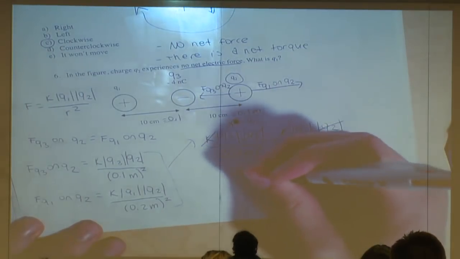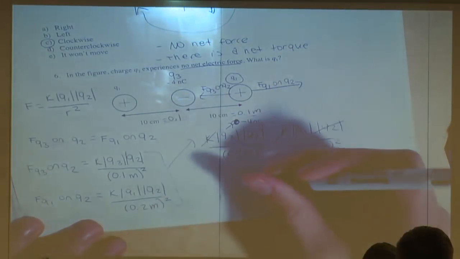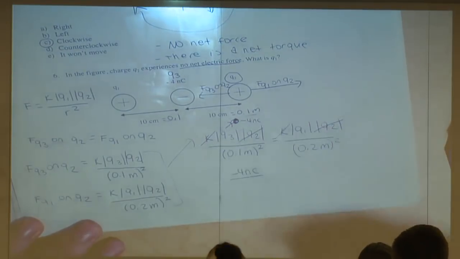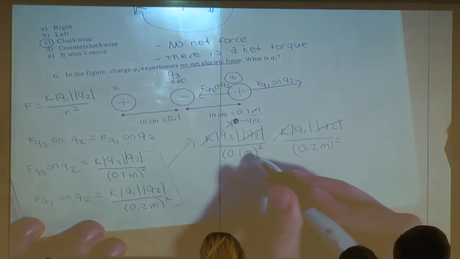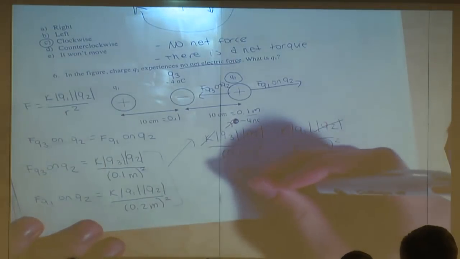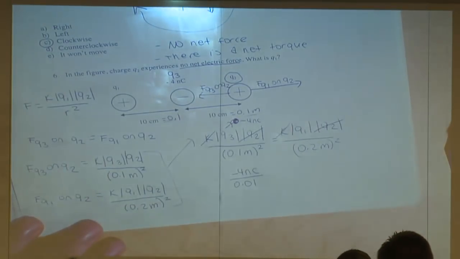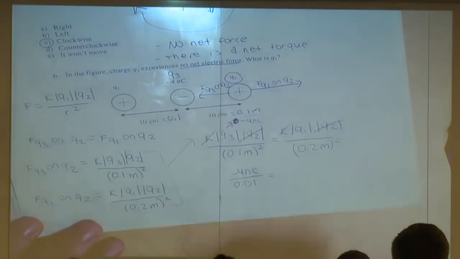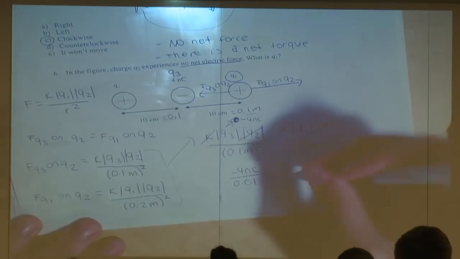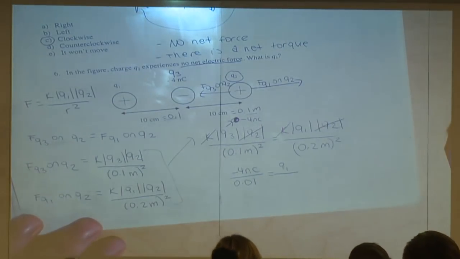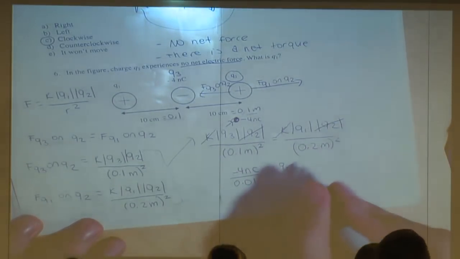It's going to be negative 4 nanocoulombs. That's what Q3 is. So I just plug that in over 0.1 squared, which is 0.01. And that's going to equal Q1 over 0.2 squared, which is 0.04.